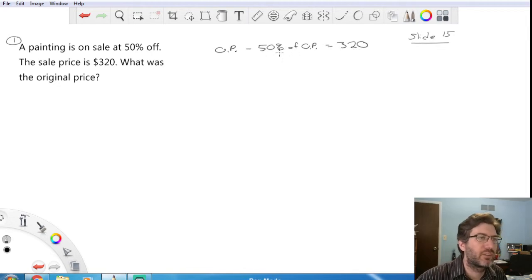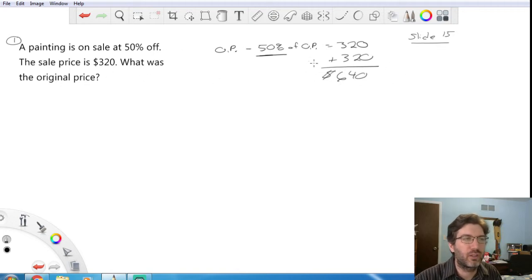But using this percent of 50%, that's half. So you should know this is half the original price. So you should be able to reason through that. If I just add another 50% to that, I get the original price. So if I just multiply it by 2 or add another one, right? 3 plus 3 is 6, 4, 20, so it's $640.